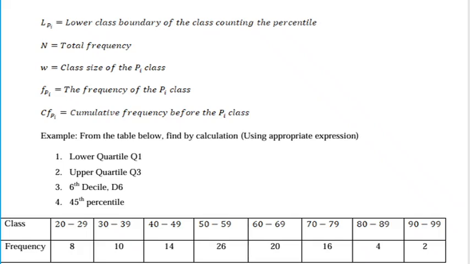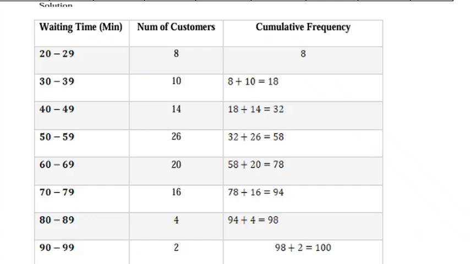So this is an example. Here we have waiting time of 20 to 29, 30 to 39, 40 to 49, like that, with the number of customers, then the cumulative frequency. The way we estimate the cumulative frequency for the median for grouped data, we use the same method.